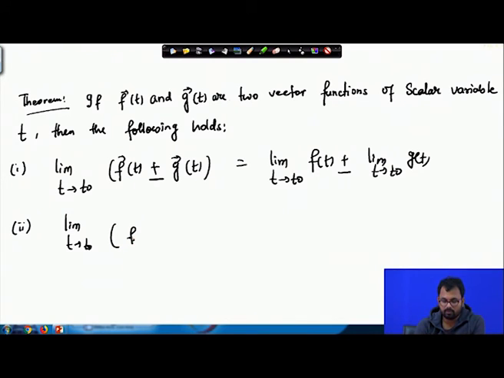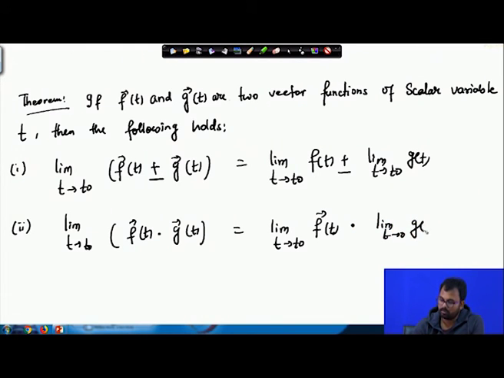So, if you have a dot product of two vector functions, their limit will be equal to limit t goes to t0 of f(t) dot limit t goes to t0 of g(t). So, the limit of the dot product is equal to the dot product of the limits. Similarly, the limit of the cross product is equal to the cross product of the limits, all right.